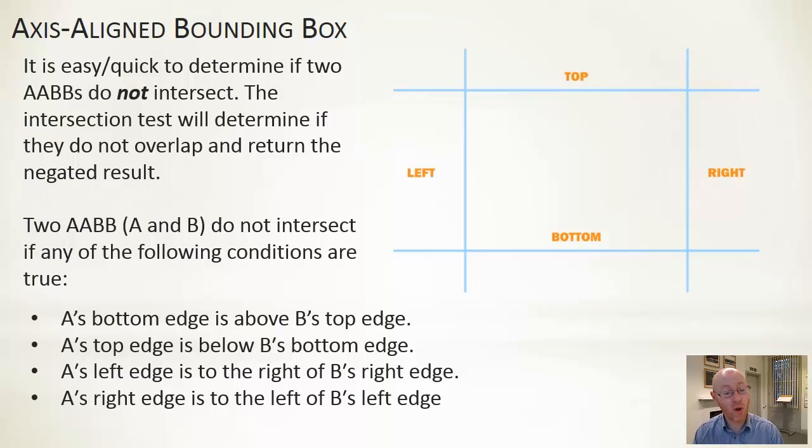Likewise, if the top edge of A is below the bottom edge of B, again, they definitely are separated. And we can do exactly the same for the left and the right hand side. So that's our 4 conditions. If any of those conditions are true, it means they're definitely separated. If alternatively all of the conditions are false, then, because we've covered all of the different ways that they could be separated, it means that they must be overlapping.